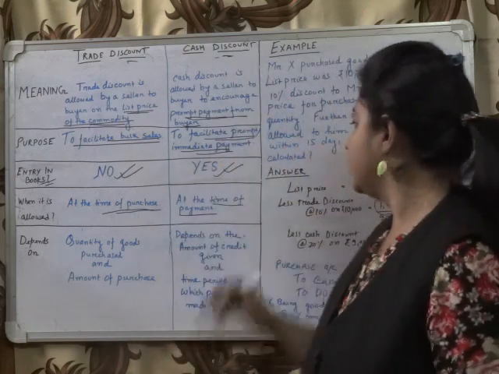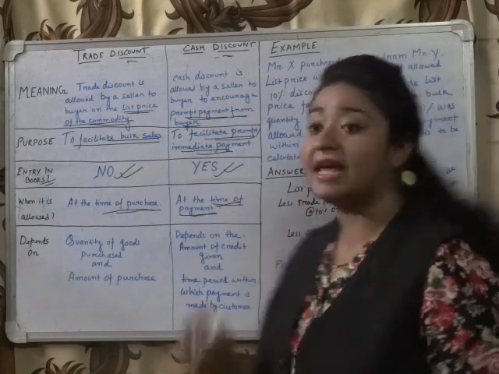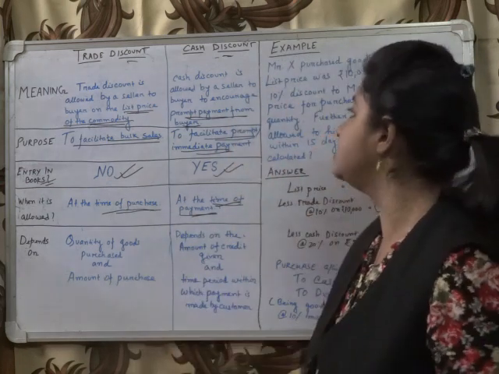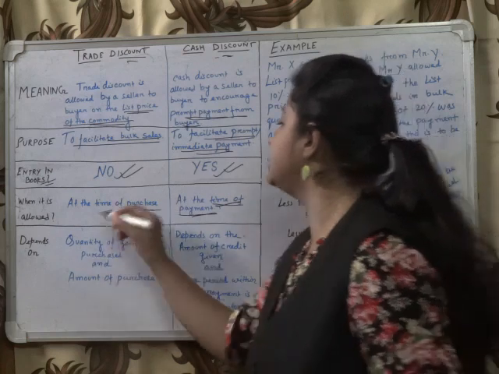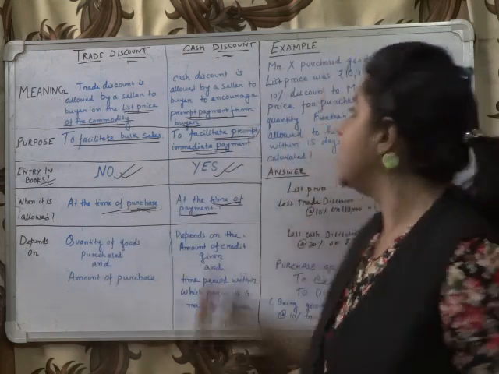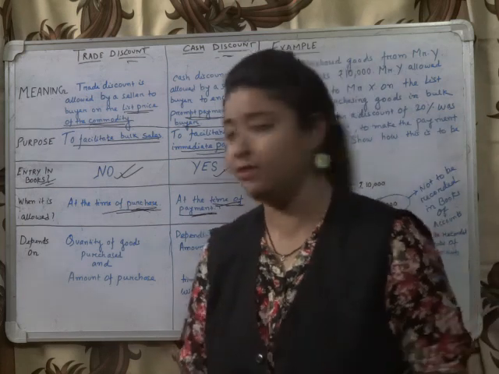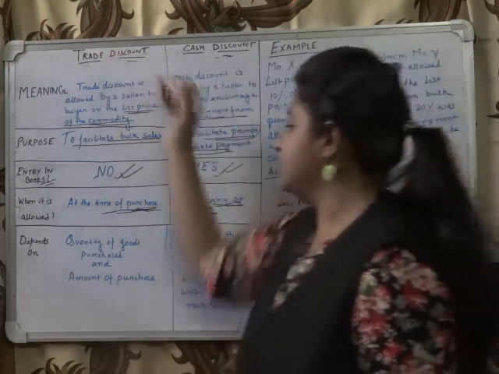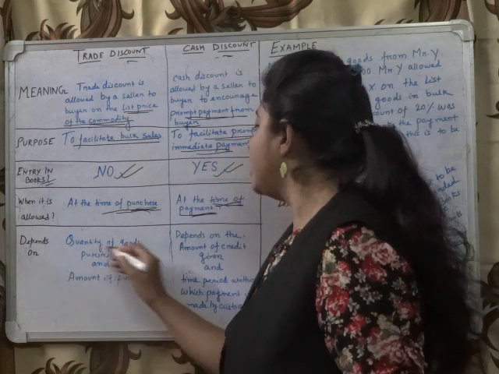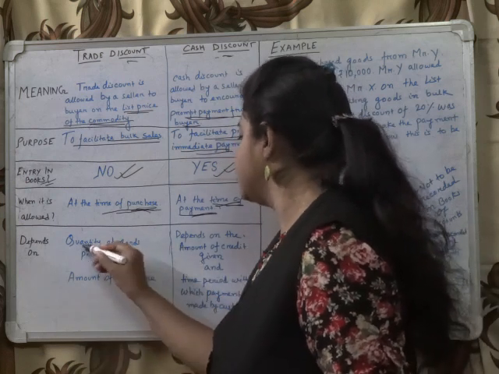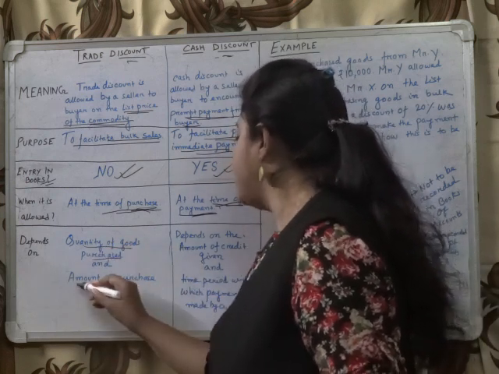The basic difference is that trade discount is provided at the time of purchasing goods and cash discount is provided at the time of making the payment for goods. Right? Clear? Now trade discount depends on the quantity of goods purchased and the amount of purchase.